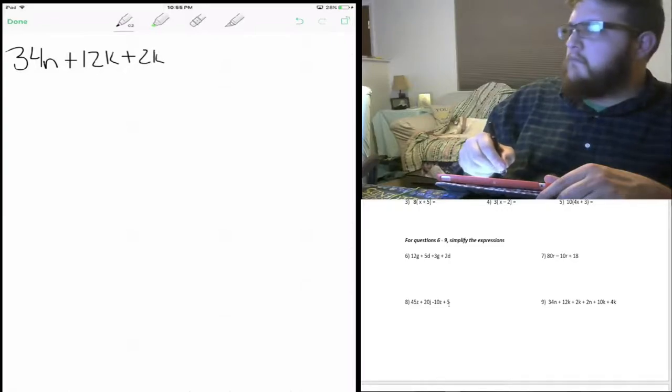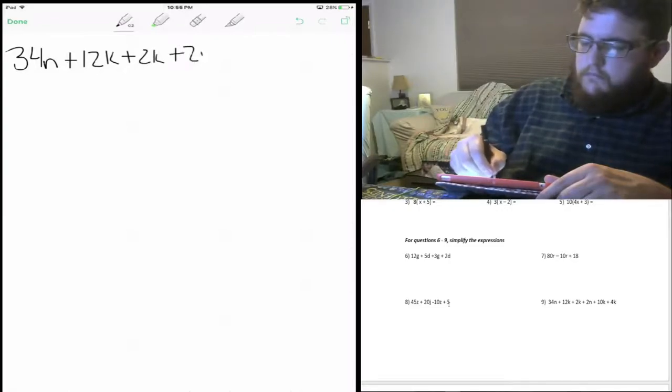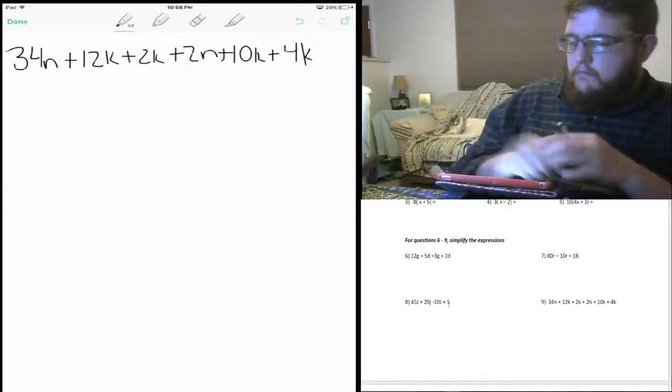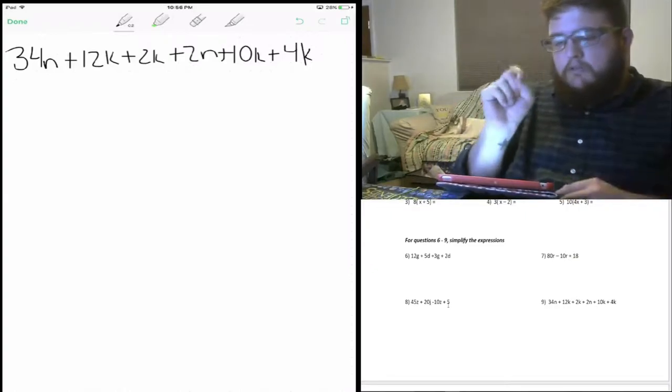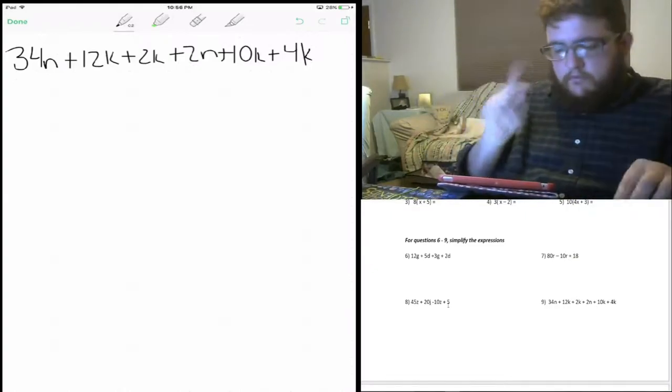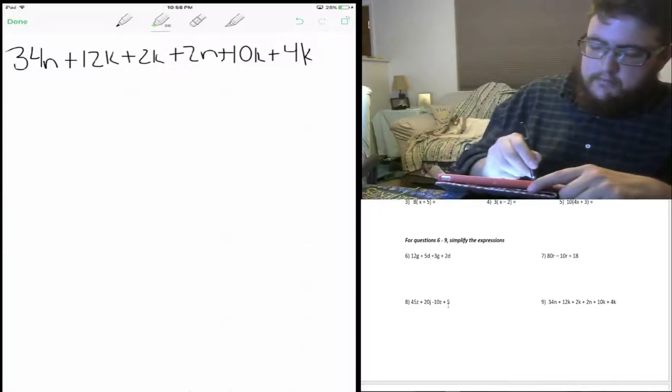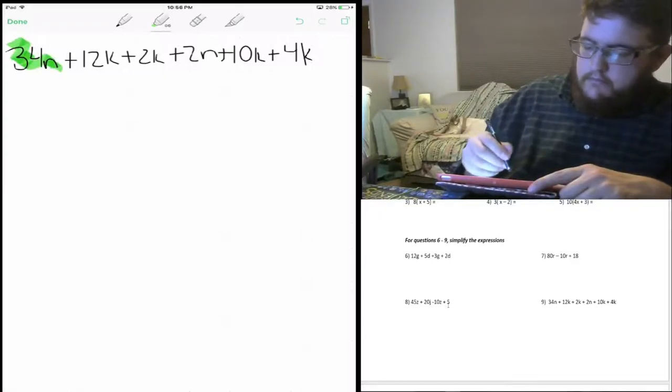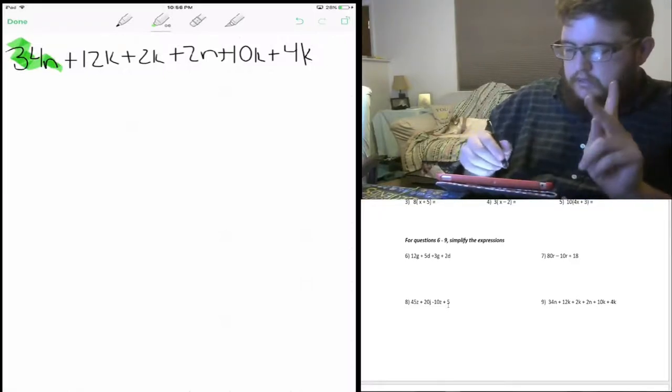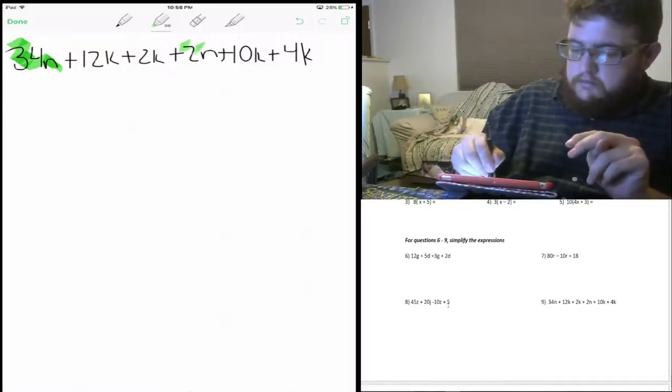Alright, number 9, and number 9 is kind of a long one. So we've got all kinds of different variables here, so let's find the ones that are common. So let's go through and find the n's first.